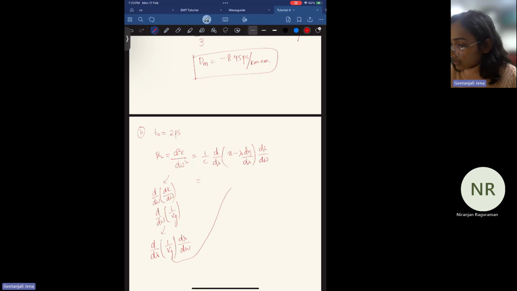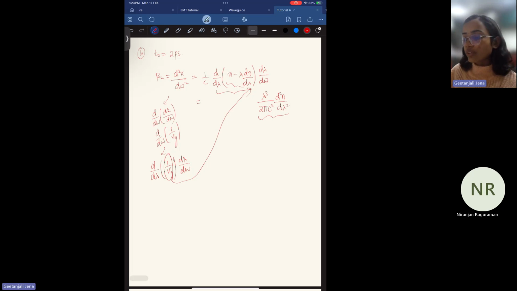So this is what is written here. 1 by vg, you already know, is expressed in terms of n minus lambda dn by d lambda, by c. And if you simplify it, because all the terms are in terms of wavelength, you will get lambda cubed over 2 pi c square, d square n over d lambda square.